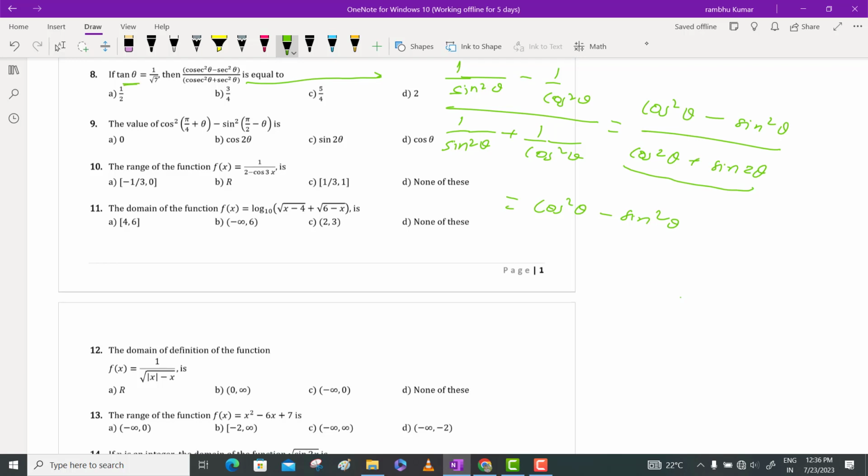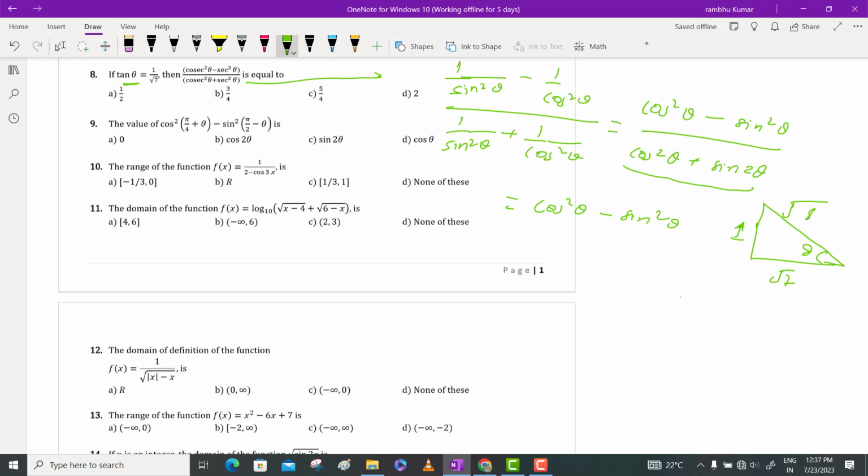Correct? All of you know the triangle rule. So if this is theta, then tan theta is 1 by root 7 means perpendicular is 1, opposite side, and this is root 7. So hypotenuse is nothing but how much? Root under 8. Why 8?